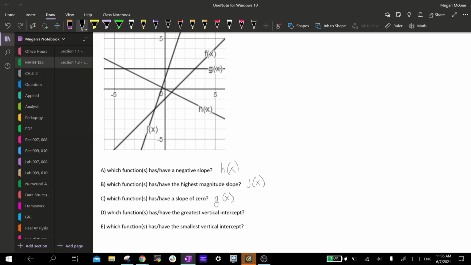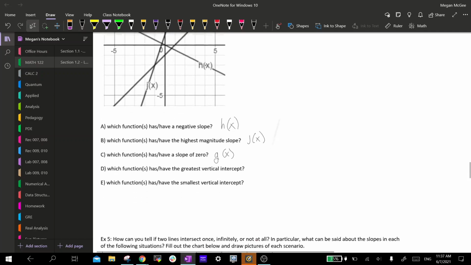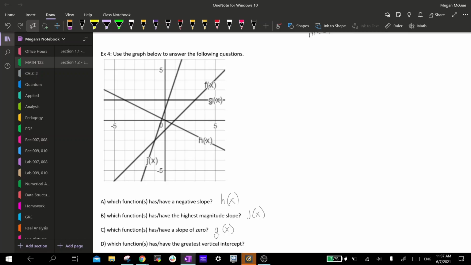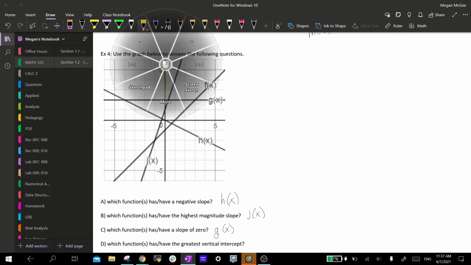So part D asks which function has the greatest vertical intercept. And we remember that the vertical intercept is the y-intercept, okay? And that's where the function crosses the y-axis, okay? So this is our y-axis.